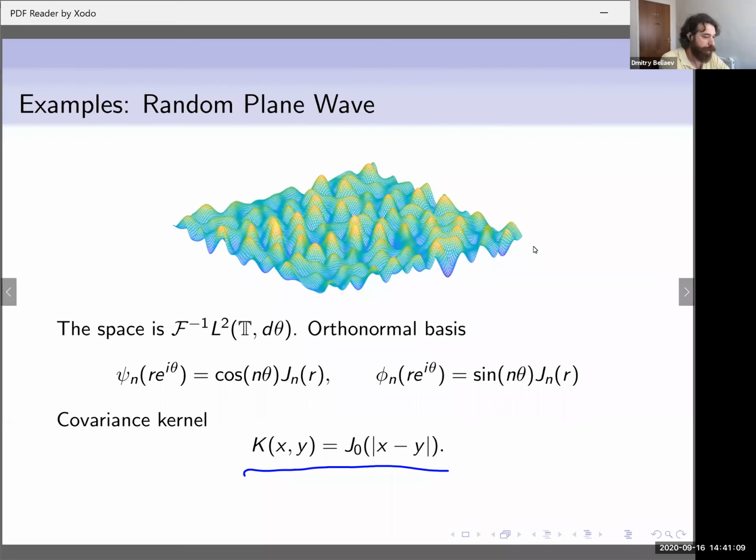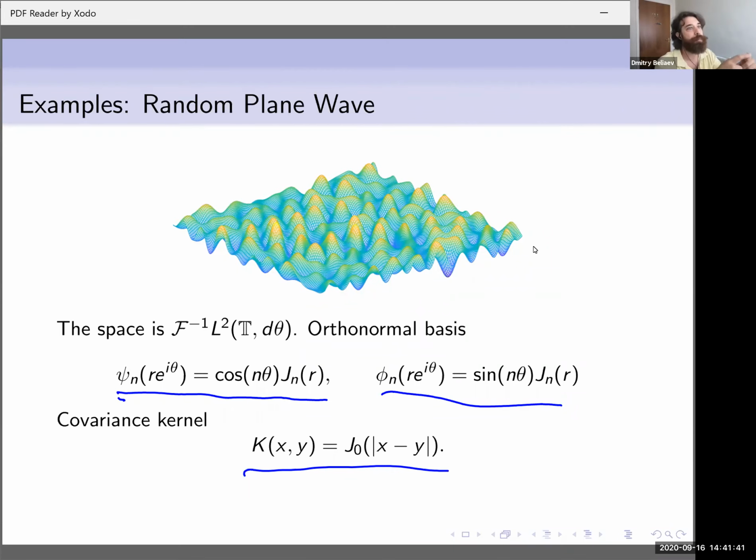And eigenfunctions, well, corresponding, sorry, orthonormal basis functions, they're given by these formulas, and the Hilbert space is the following thing. So you take L2 space of functions in R2 with respect to measure which is normalized arc length on the unit circle. So this is a very singular measure.